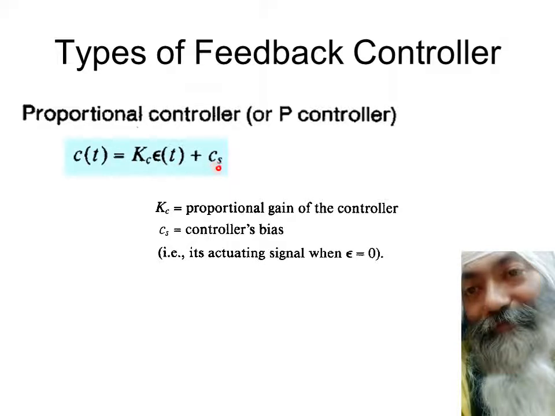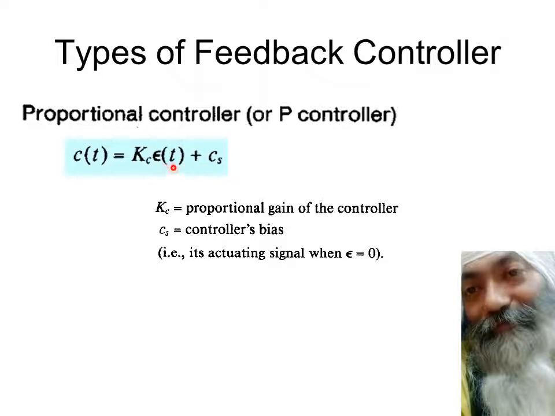Cs is the controller bias, or you can say output of the controller at steady state. Steady state is when everything is well, when there is no change in signal, when there is no error in the signal, and that's the point. With everything well, this controller has some output, so this output is called Cs.